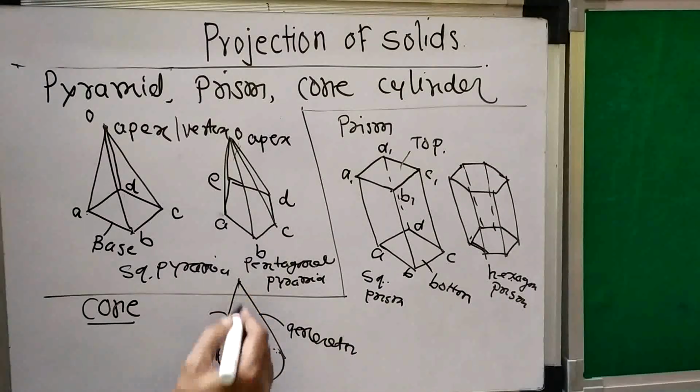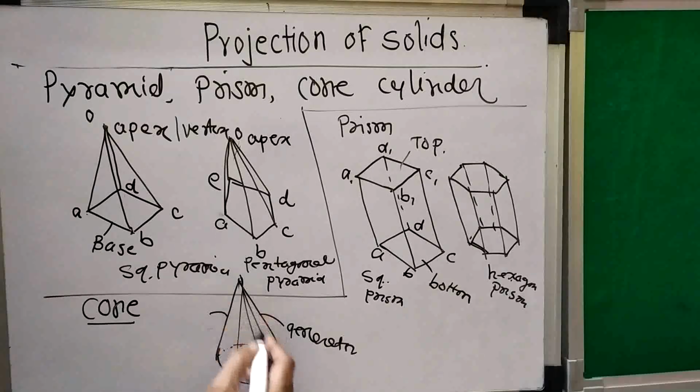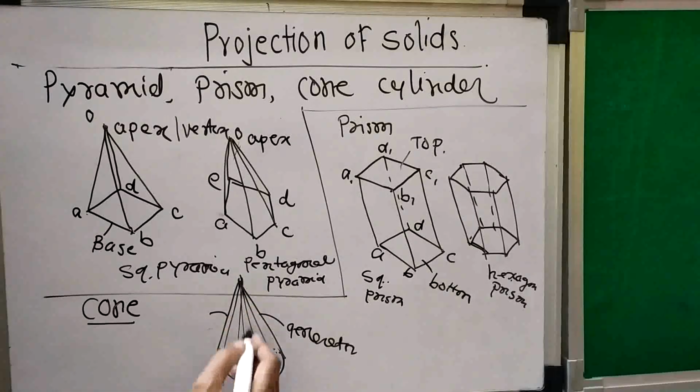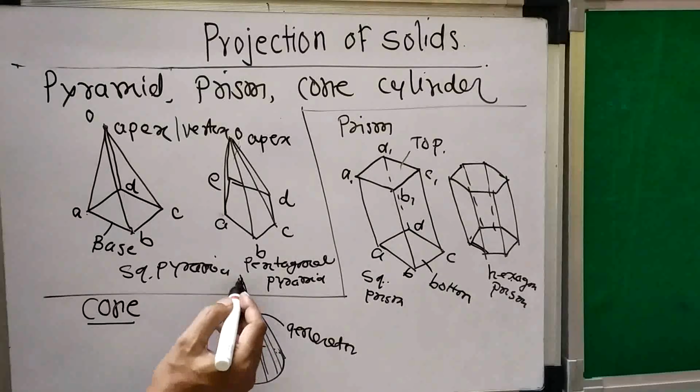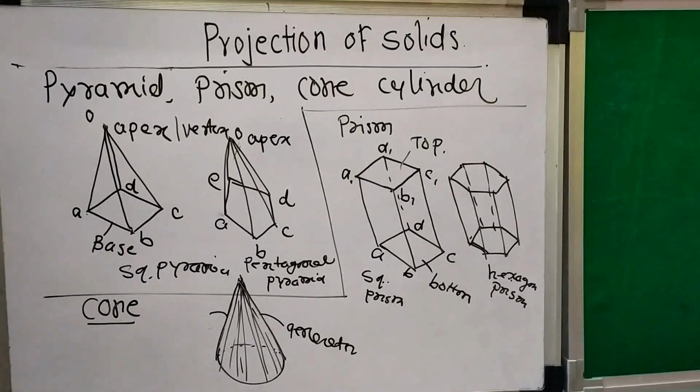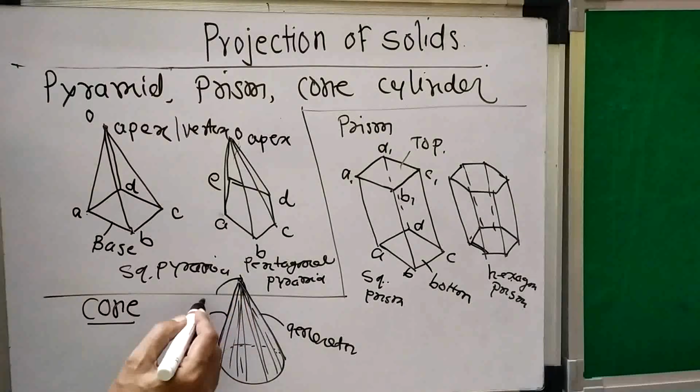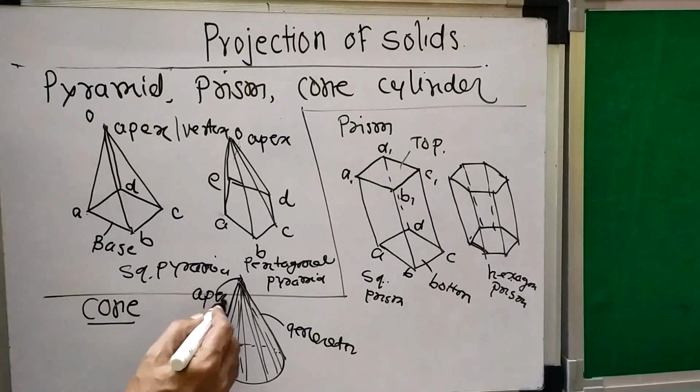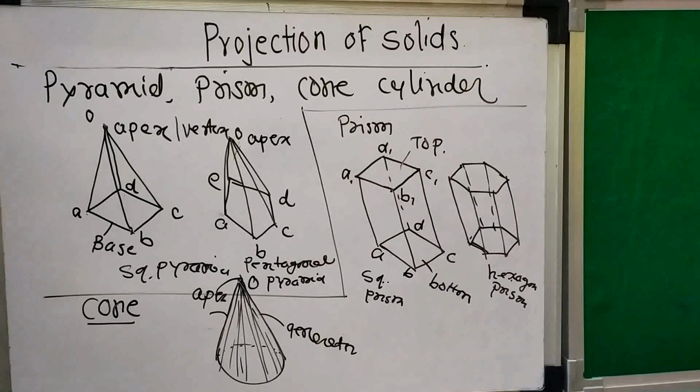You can imagine number of lines on this curved surface. These are the generators. Outer boundary is the real generators. So it also has an apex or a vertex. So O is the apex or vertex. So this will be a cone.